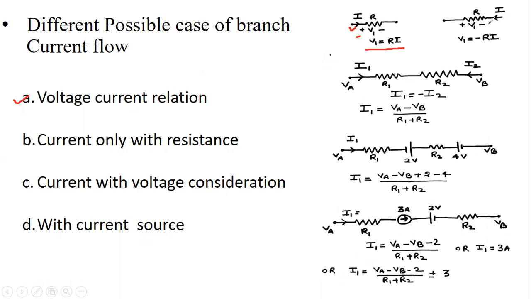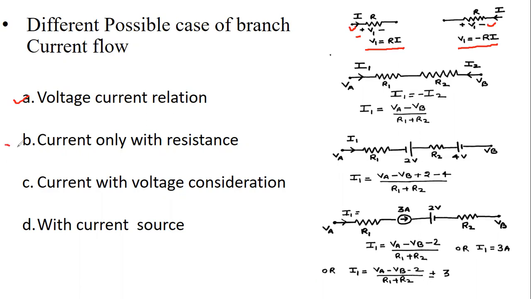If the current enters from the negative terminal, V1 equals minus IR. So the first thumb rule is that current always flows from higher potential to lower potential. So V1 equals IR in case of positive to negative. If current is entering from the negative terminal, then the voltage V1 equals minus IR.